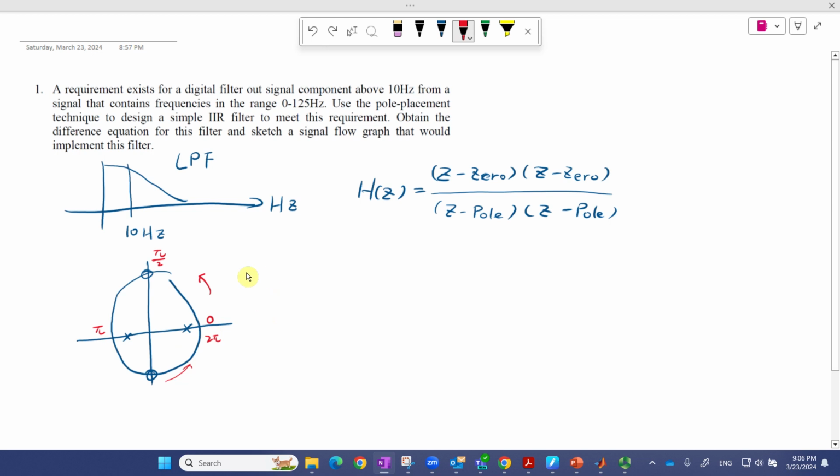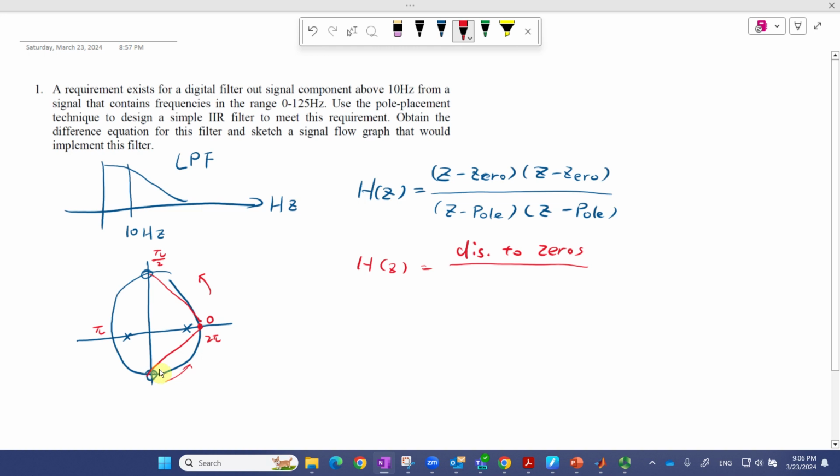At any position, if z equals to here, for example, we start here, then z, this position minus the location of the zero, so you can write like that. So the magnitude also equals the distance to zeros, because you subtract those zeros.